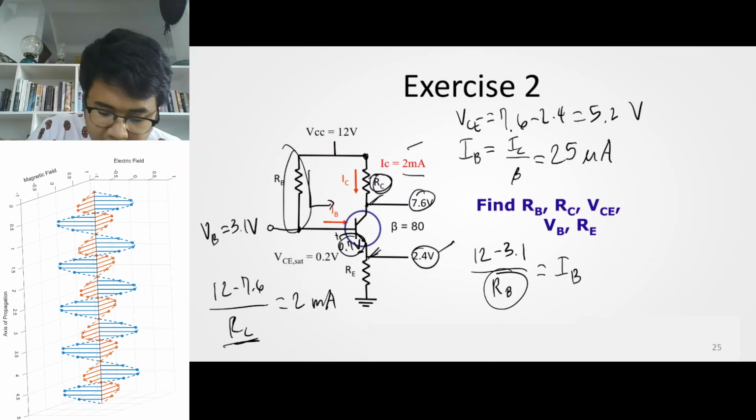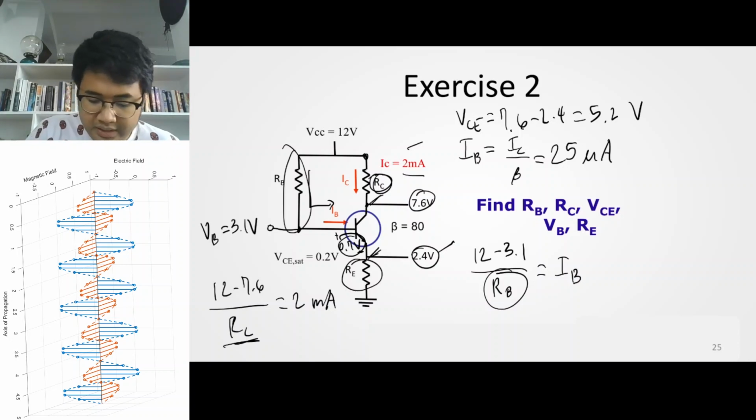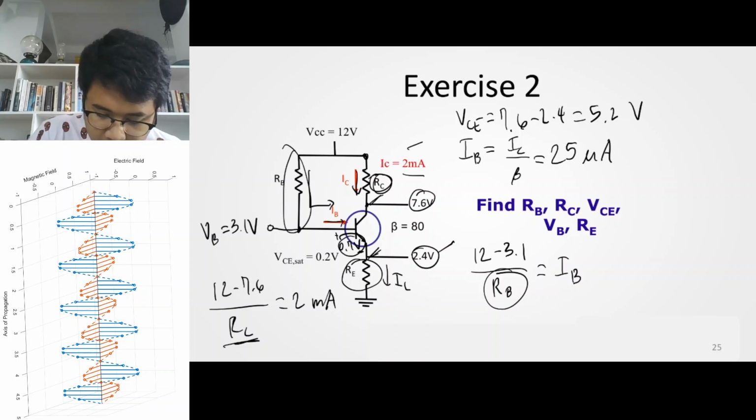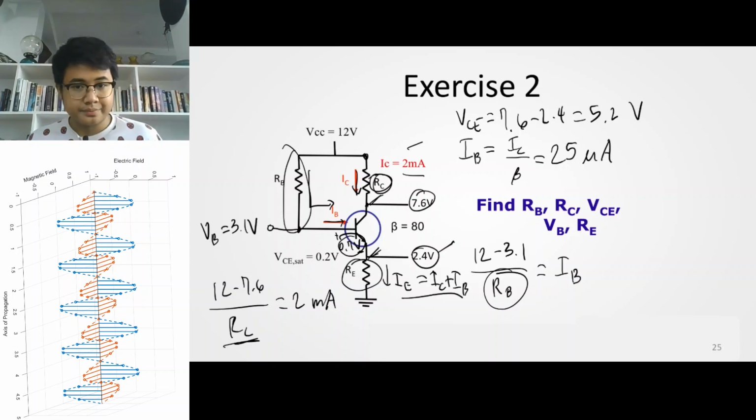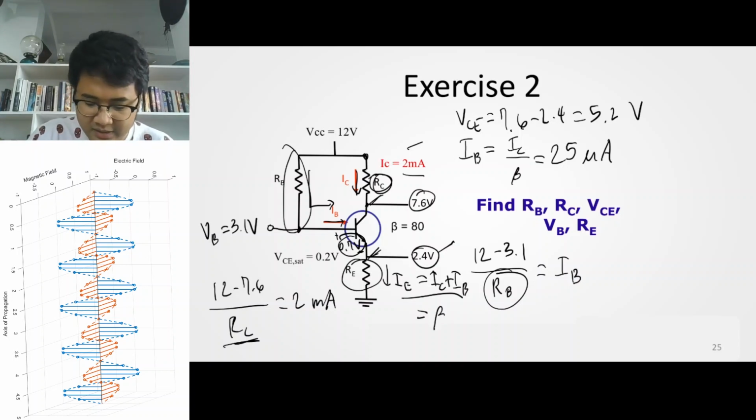And finally, RE can be solved here. Note that by KCL, IE, the current at the emitter, is equal to IC plus IB. If it's in the forward active region, you can simplify this and express it in terms of IB.